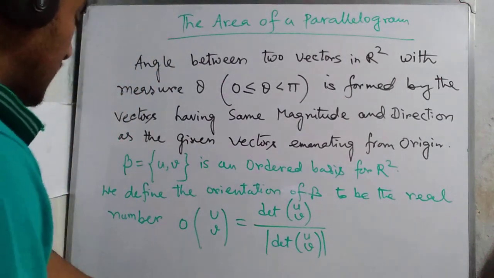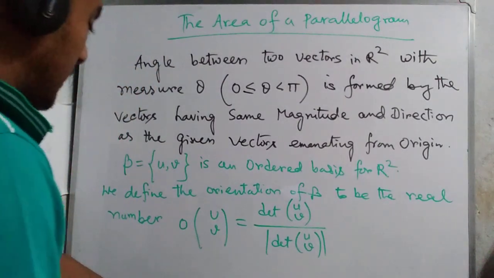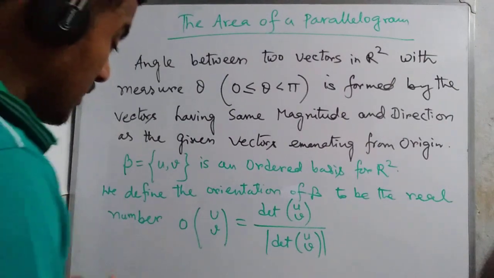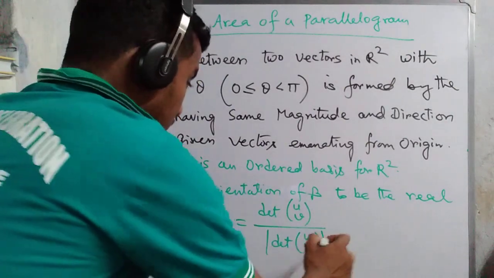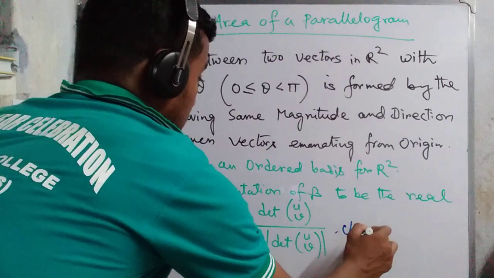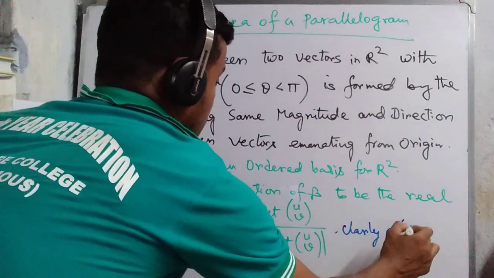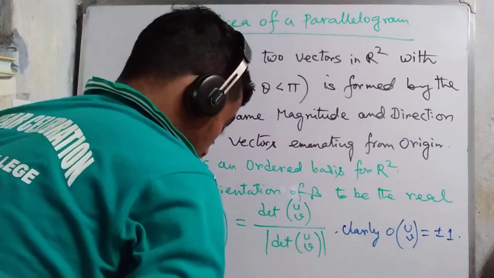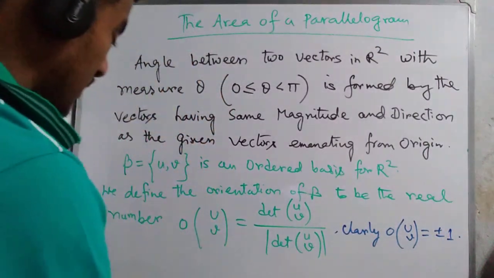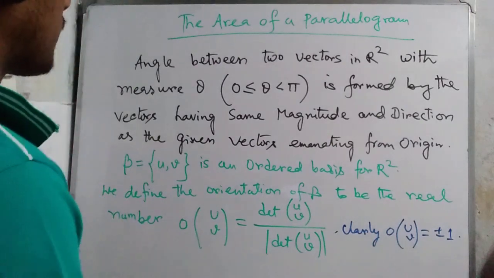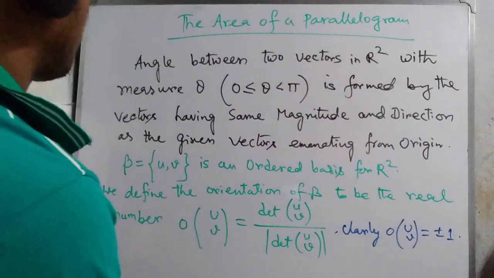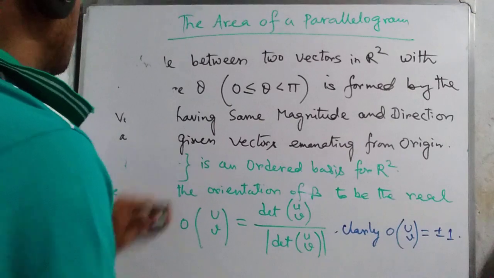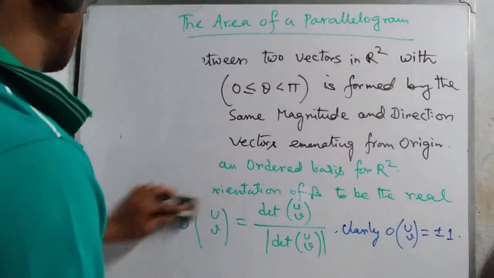We write it this way. Clearly, this orientation of (u, v) equals plus or minus 1. We use that portion and go on to further discussion.